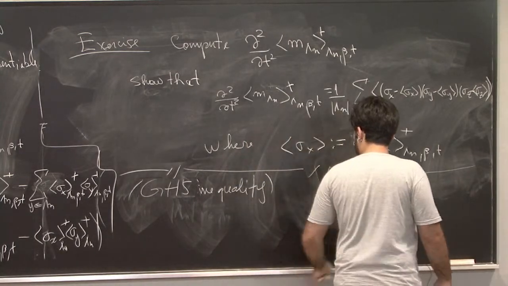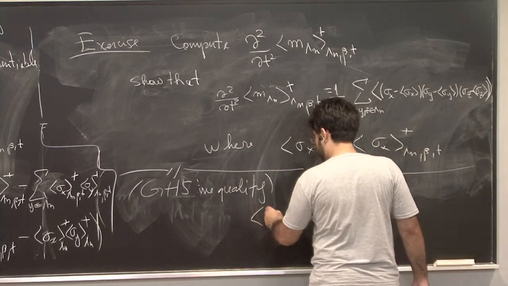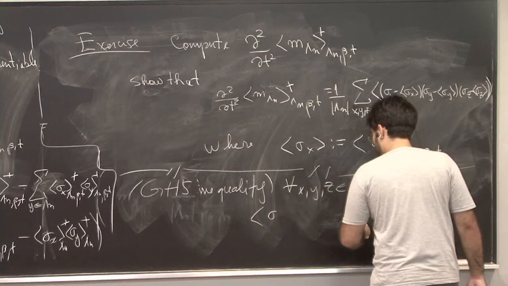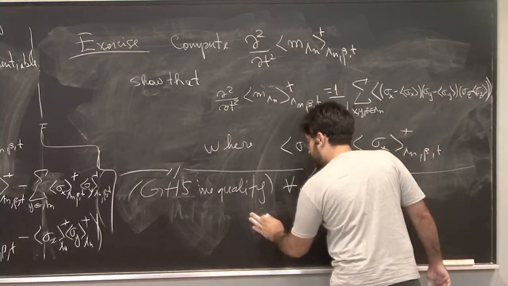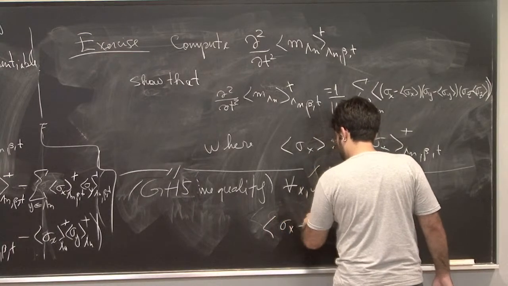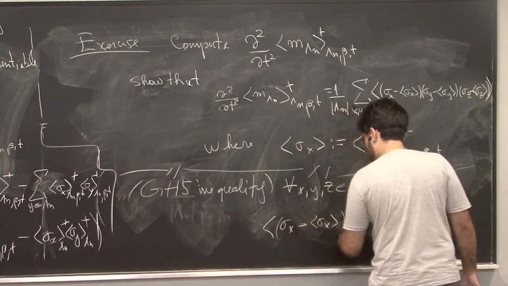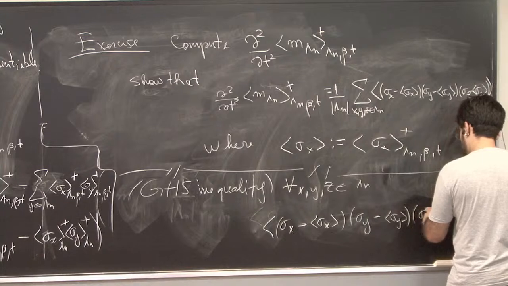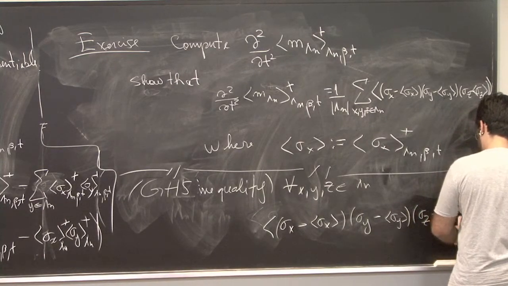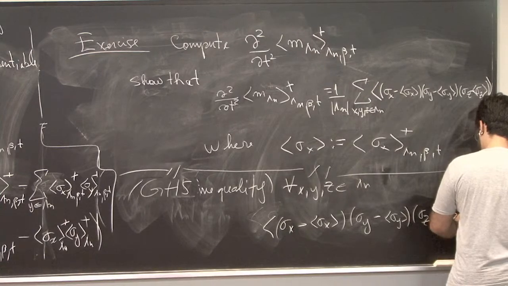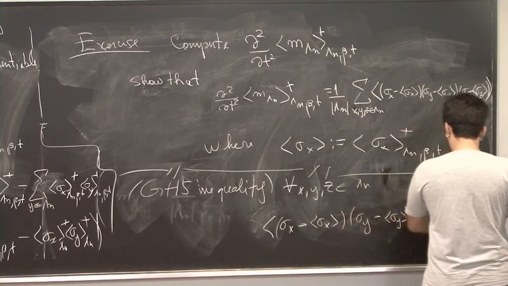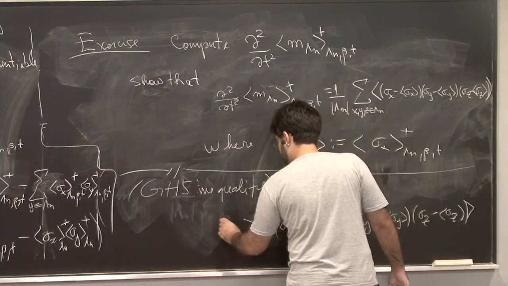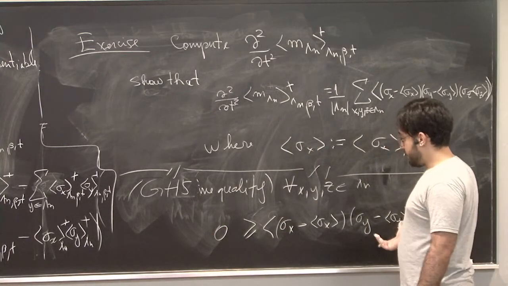The GHS inequality says exactly that for any x, y, and z in lambda n, you have that the expectation of sigma y minus its mean, sigma z minus its mean, will be less than 0. So this is actually always negative.